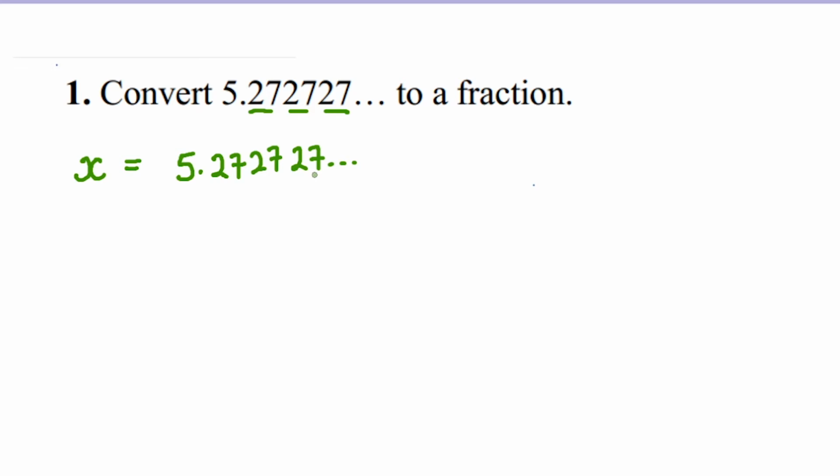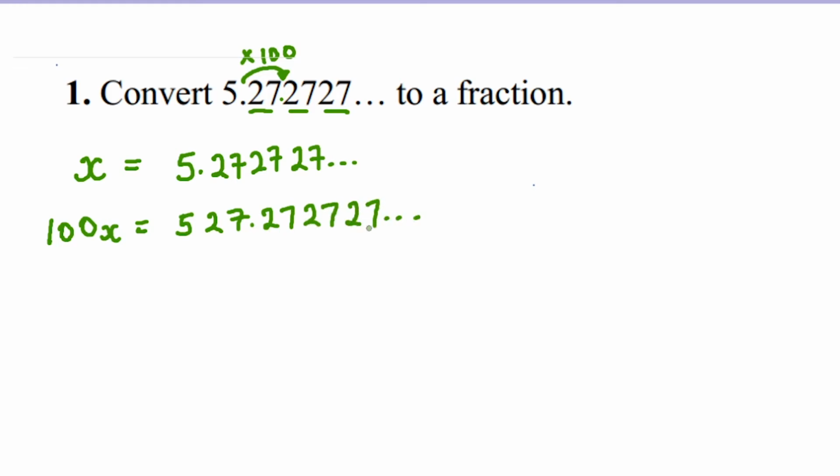Now from here we shall shift the decimal point two steps forward, to place the recurring numbers on one side of the decimal point. For us to do so, we are supposed to multiply by 100. So multiplying by 100 on both sides, 100x is equal to 527.272727 and so on.